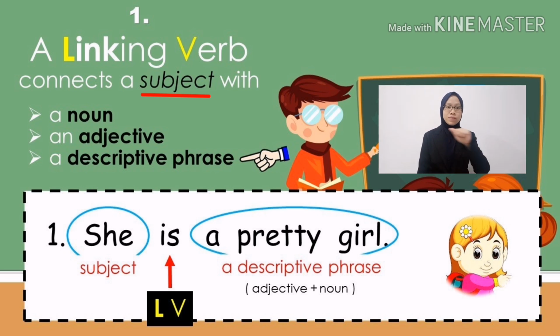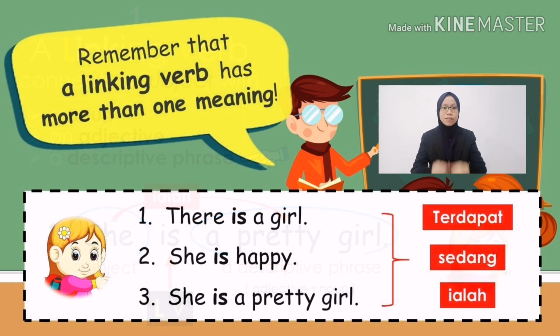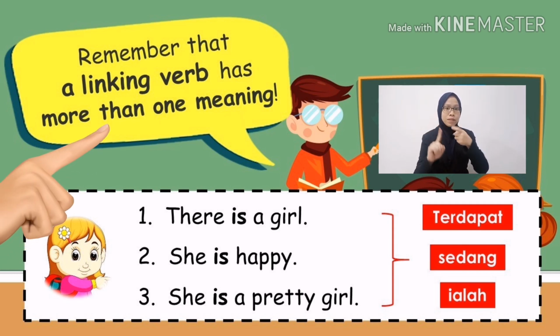So, a pretty girl is a descriptive phrase. She is a pretty girl. Dia ialah seorang budak perempuan yang cantik. Remember that a linking verb has more than one meaning.